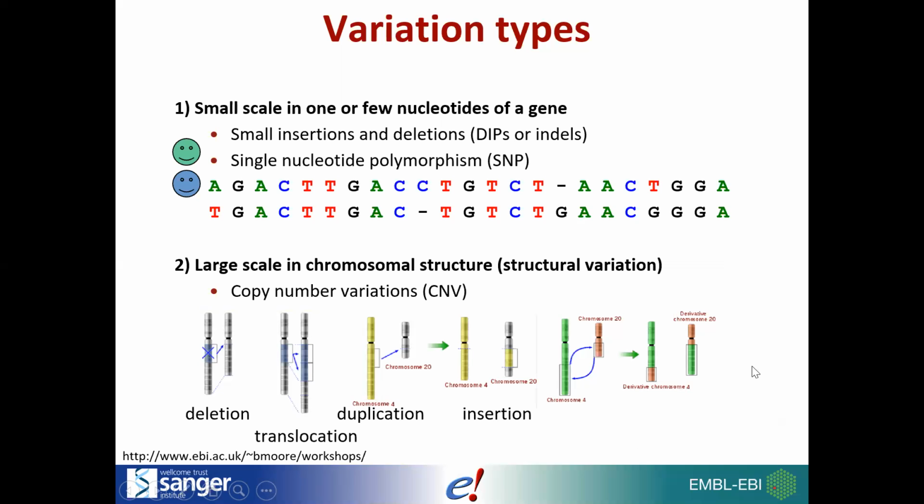And we have the large scale variants here. Here we have an example of a reciprocal translocation, so that pieces of chromosome 20 and chromosome 4 are interchanging.